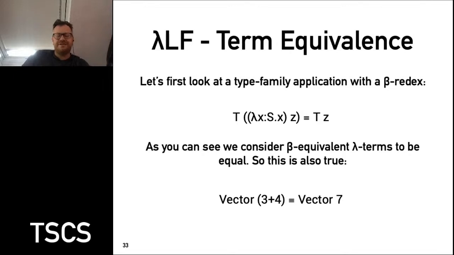Yeah, to us that comes very natural, but for an execution engine or for a type checker, this says, okay, 3 plus 4 is of course not equal to the value of 7. It is equivalent, but it's not equal.